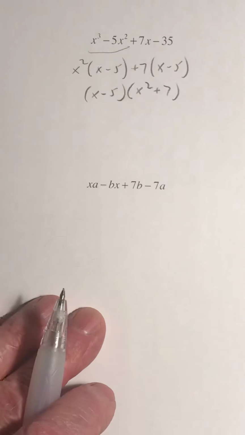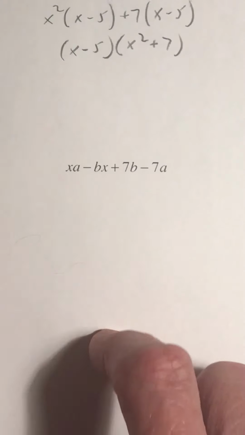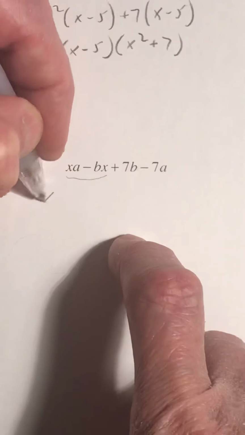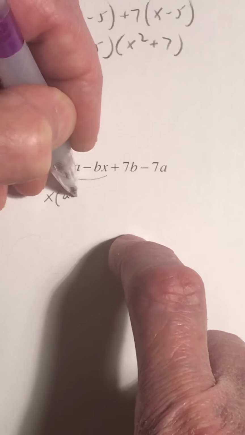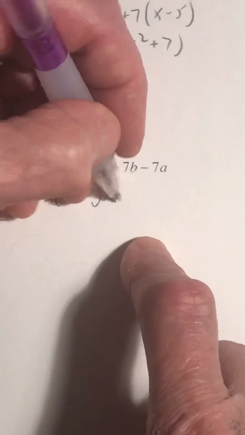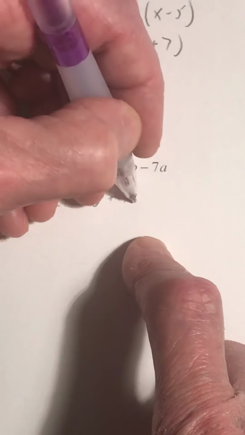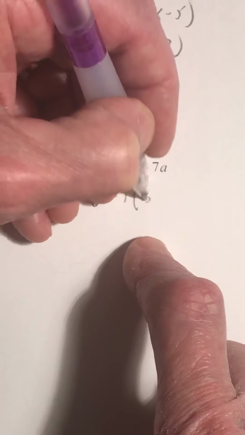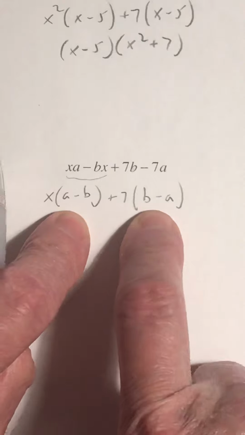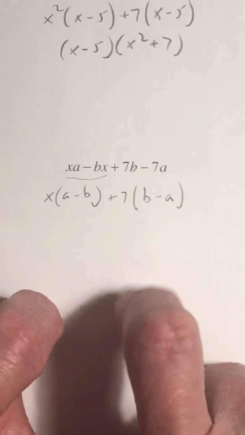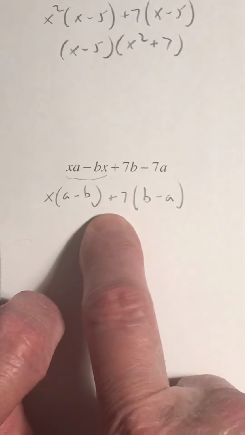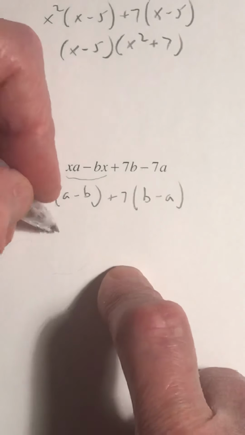Ever so slightly exotic. What do these have in common? The x, I can write x times a minus b. And then here, pull out a 7. 7 times, now watch the order, it's b minus a, not a minus b. So we're going to use our reversal trick. I'm going to reverse the order here, and to make it legal, I'm going to reverse the sign there.